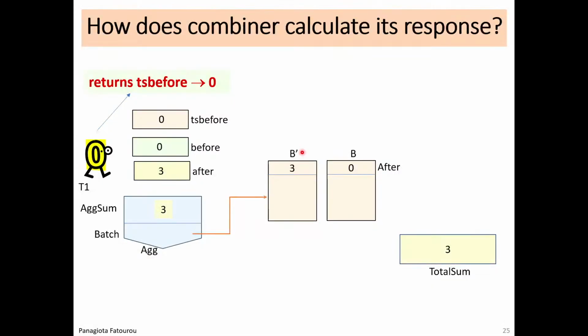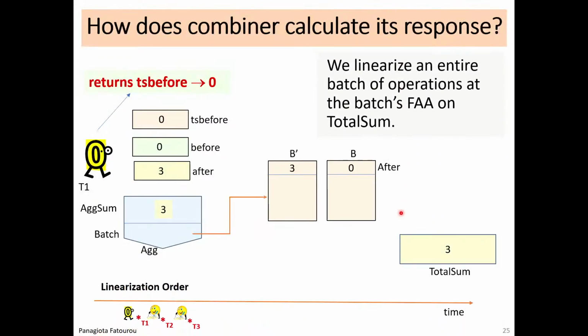Now, how does the combiner calculate its response? The combiner is going to be the first, it simply returns T as before, what it saw in the total sum when it executed the hardware fetch and add to add the partial sum in the total sum. And why is this correct? This is correct because the combiner is going to be linearized first out of this batch.